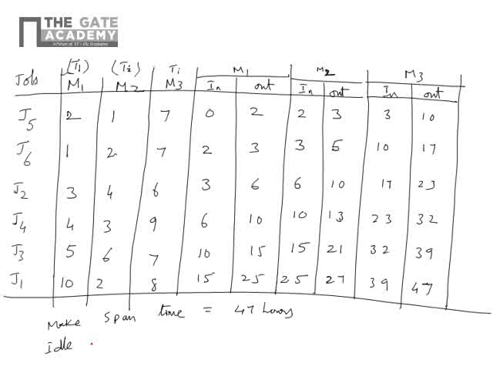Idle time of machine 1: M1 equals 47 minus 25, equal to 22 hours. Idle time of machine 2: is there any idle time? 2 hours is idle time initially, and there is 1 hour from 5 to 6. There is one idle time here, here also one idle time, here also one idle time.